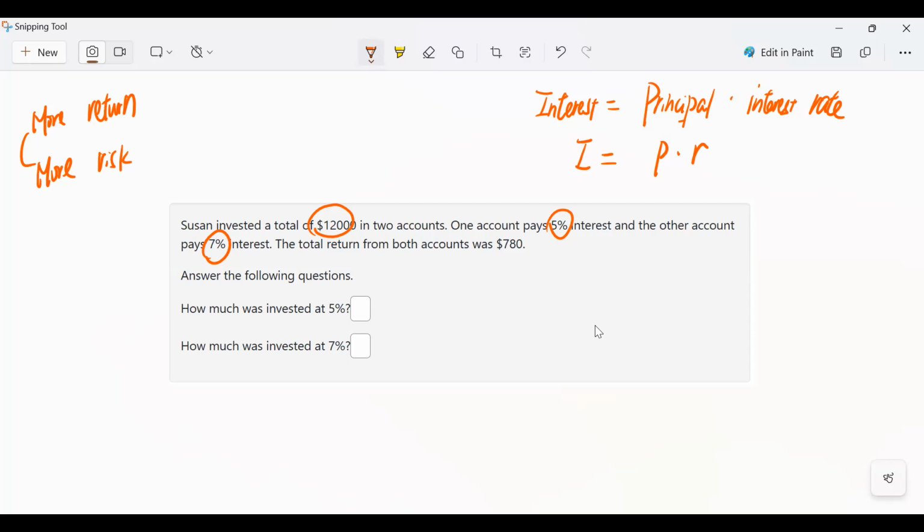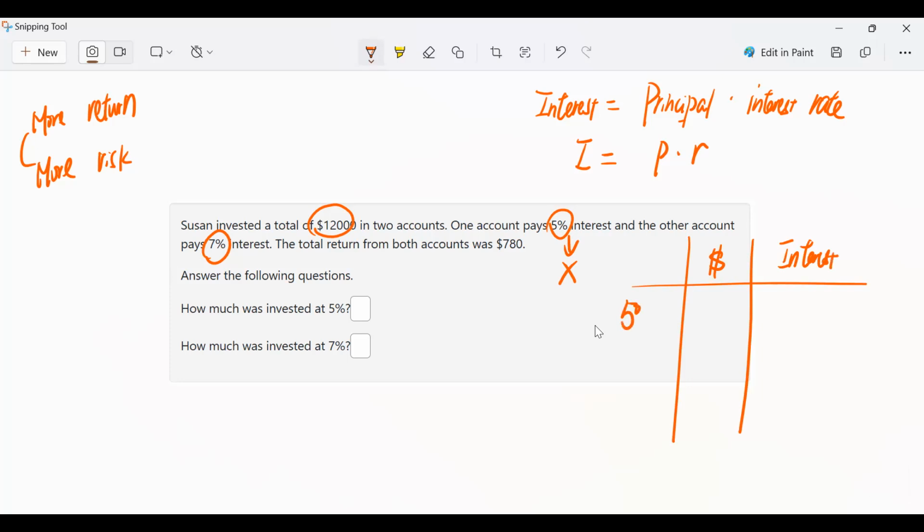So now let's look at this. Let's assume we put X amount in the 5% account. Then the 7% account will be the remaining money. I'm going to create a table right here: dollar amount of investment and also the interest.